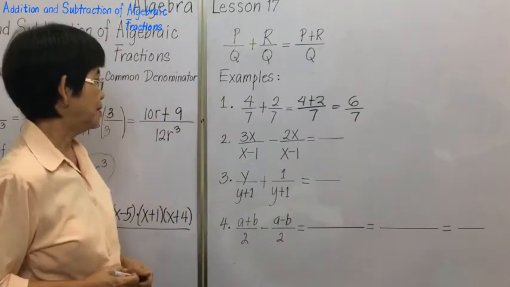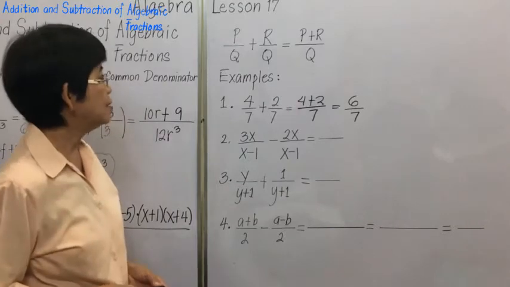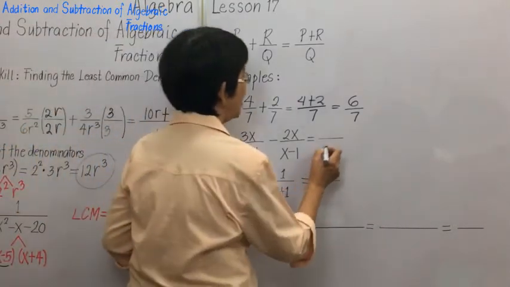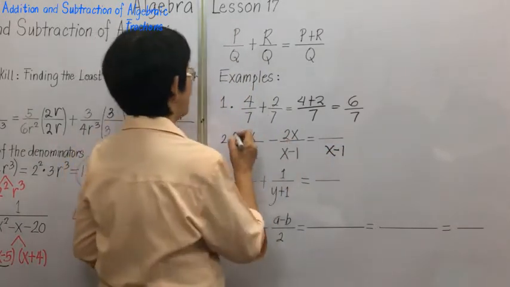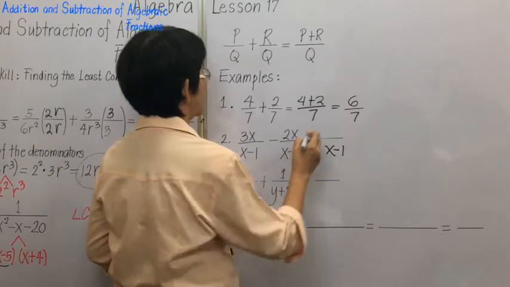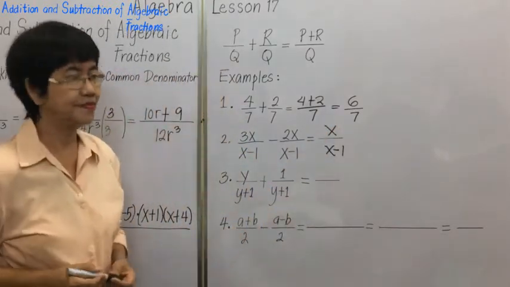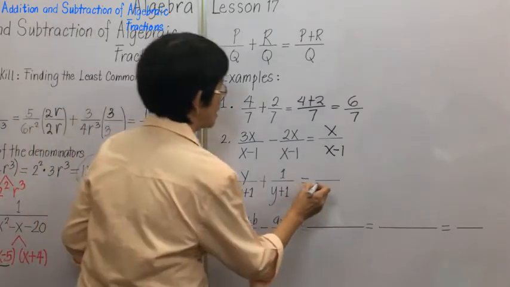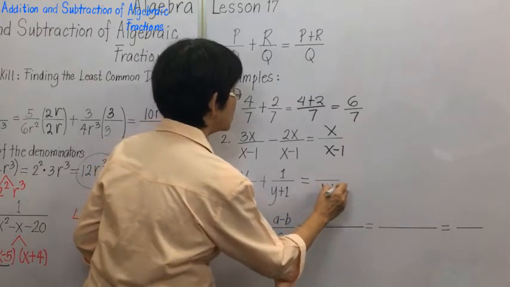Number 2, we have 3x over x minus 1 minus 2x over x minus 1. Copy x minus 1. And then you have 3x minus 2x. So this becomes x. Number 3, we have a common denominator of y plus 1.